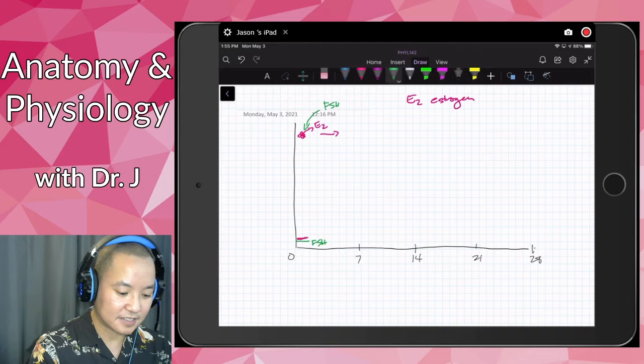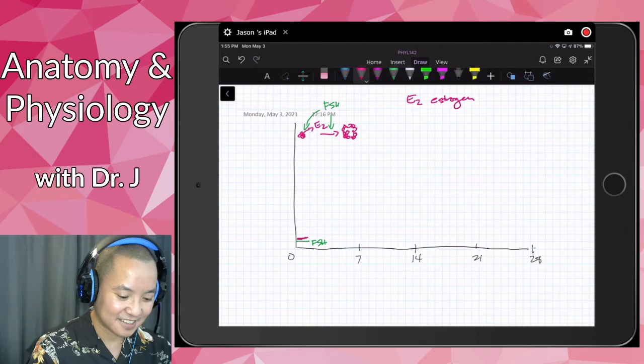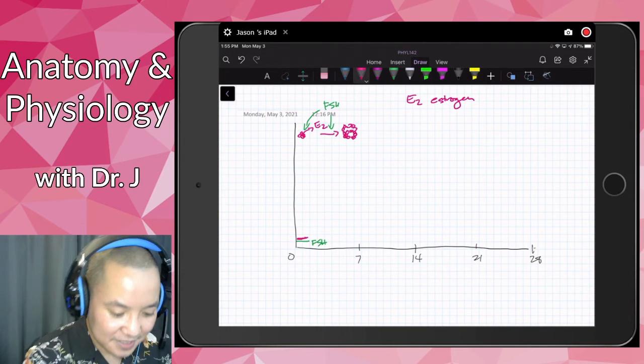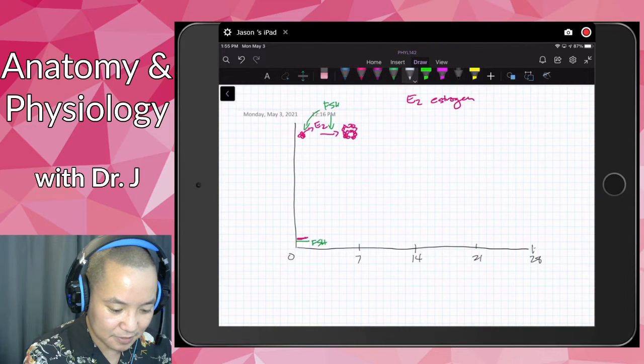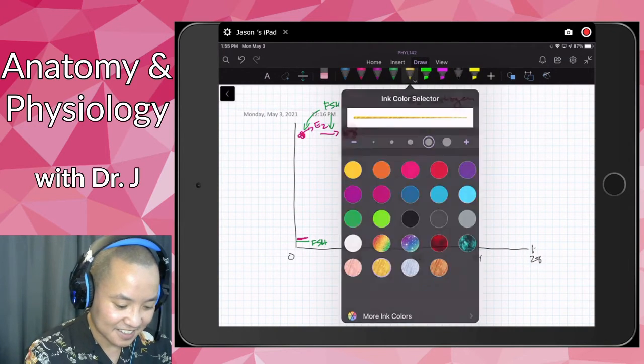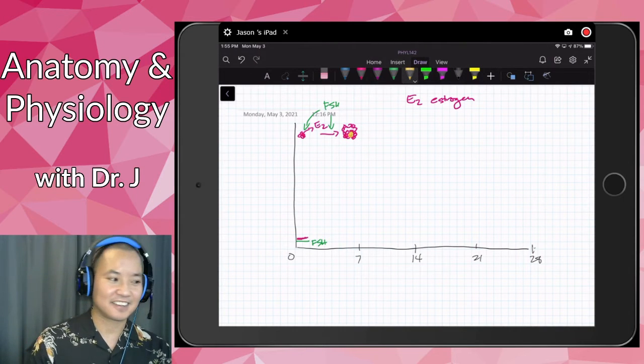So FSH is going to cause these follicles to develop. And what happens when these follicles develop? Yeah, let's draw a little pretty oocyte right here. Actually, since it's very special and very important, let's draw it as gold. This golden little egg, yeah, the golden egg, that's our oocyte right there.